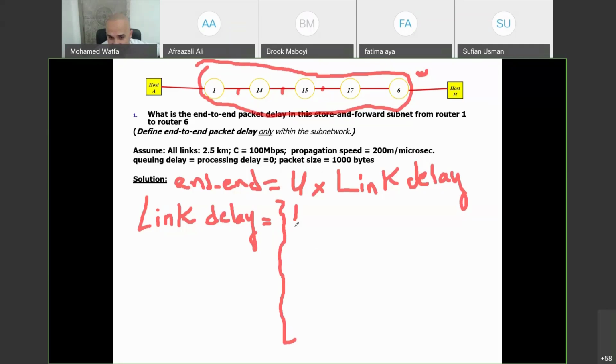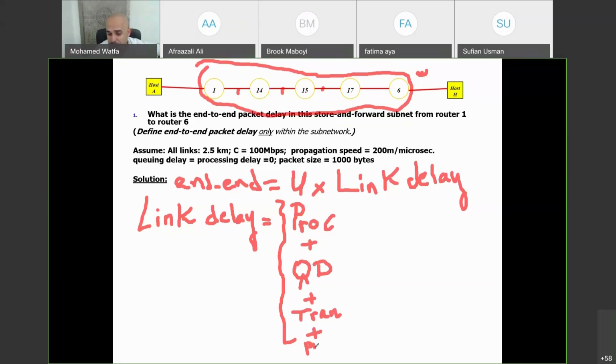We're going to start with the processing delay, plus what? What comes after processing? The queuing delay, the transmission delay, and finally, the propagation delay.